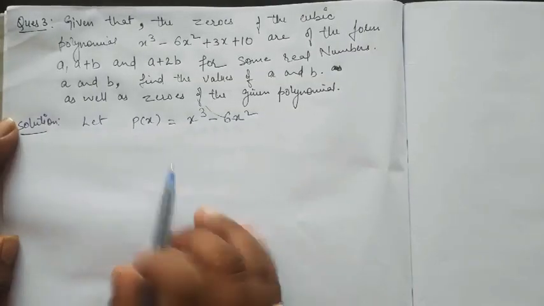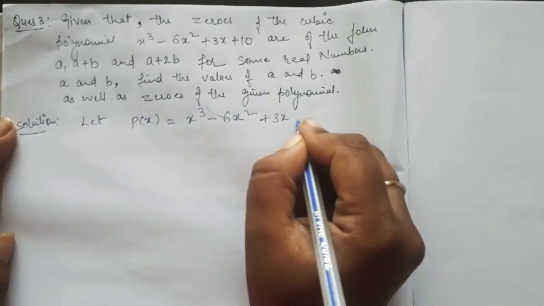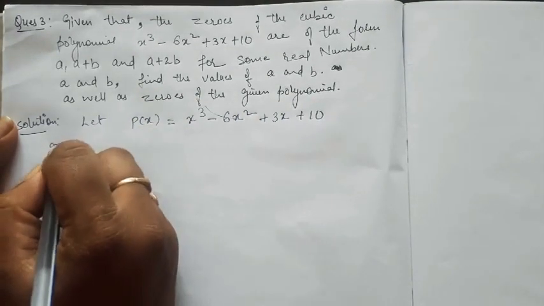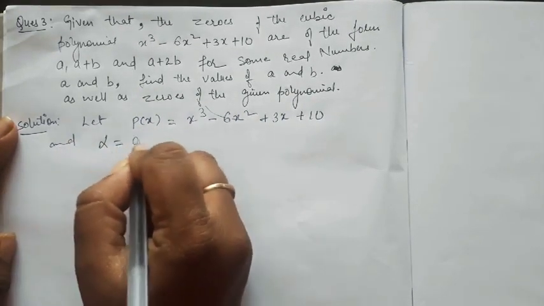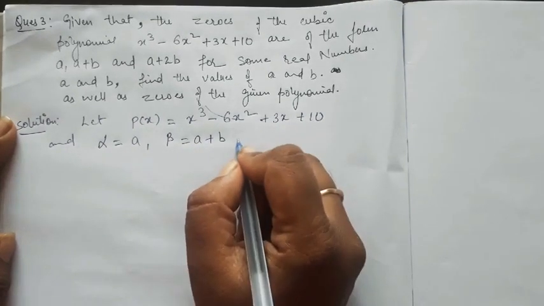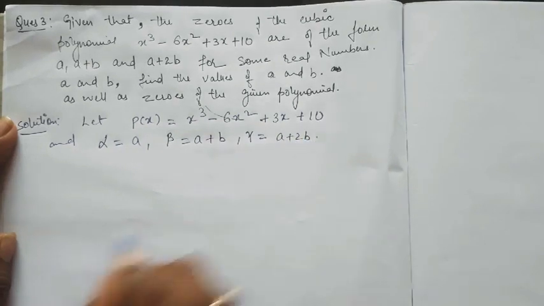Let p(x) is equal to x cube minus 6x square plus 3x plus 10. Okay, and alpha is equal to a, beta is equal to a plus b, gamma is equal to a plus 2b.